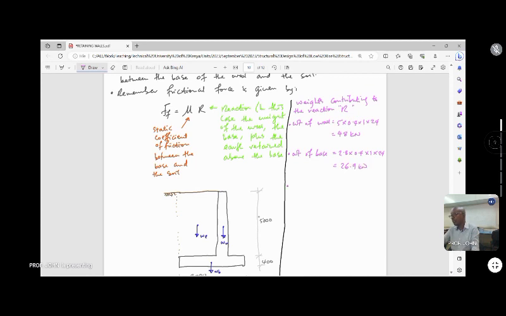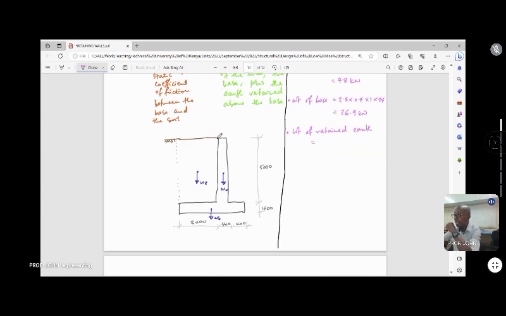Weight of retained earth will be 5 meters from here to there, and 2 meters from there to there, then 1 meter. So 5 by 2 by 1 by the density of soil, which we had written much earlier, assumed to be 18. So 5 times 2 times 1 times 18. It's 180 kilonewtons.